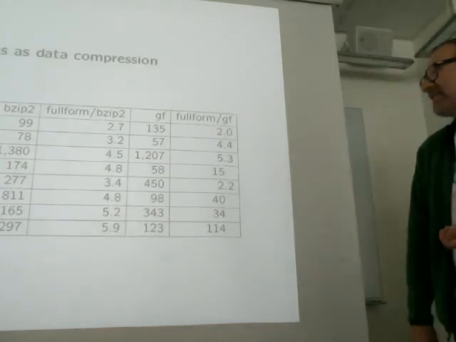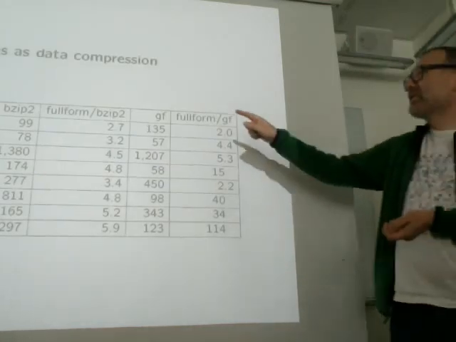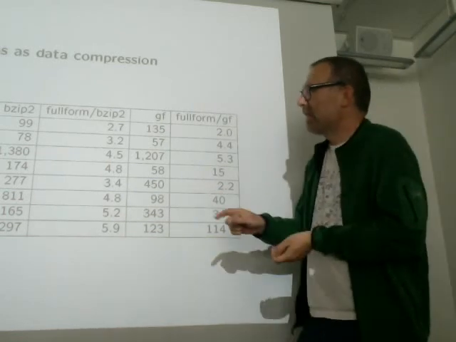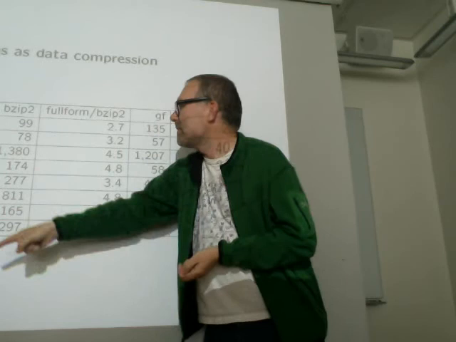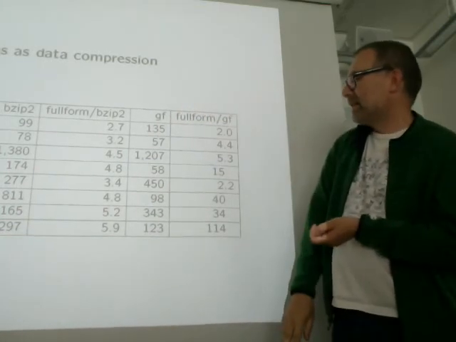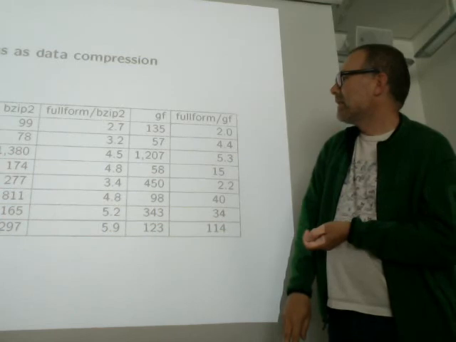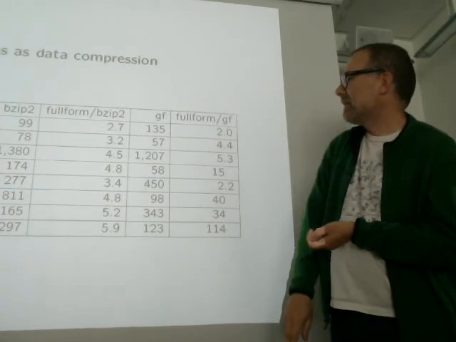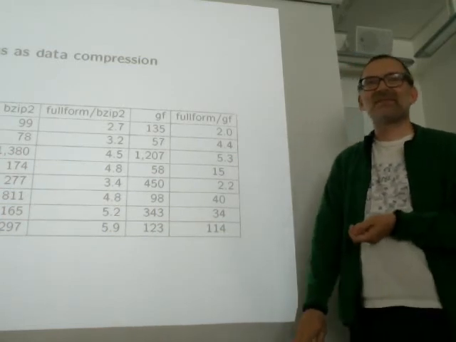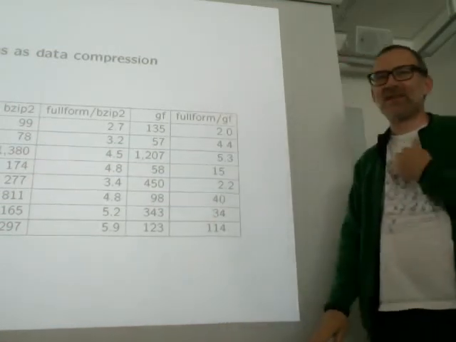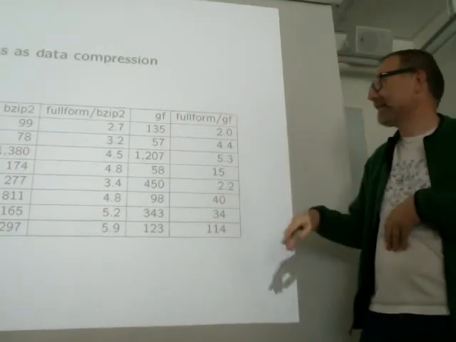Then you can use this to see how good the smart paradigms are as data compression. So here we have the size of the full form lexicon in, what can this be? Kilobytes, I think. The bzipped size of the same text file.